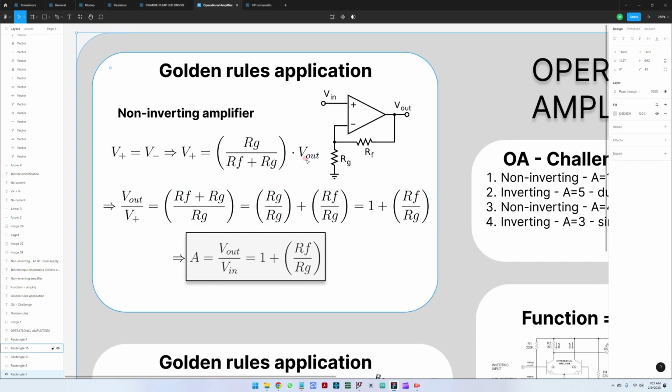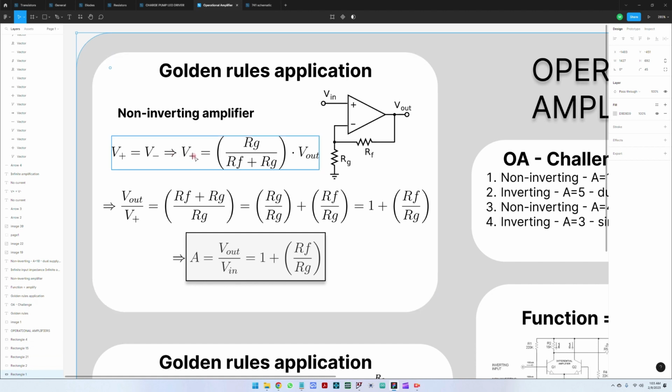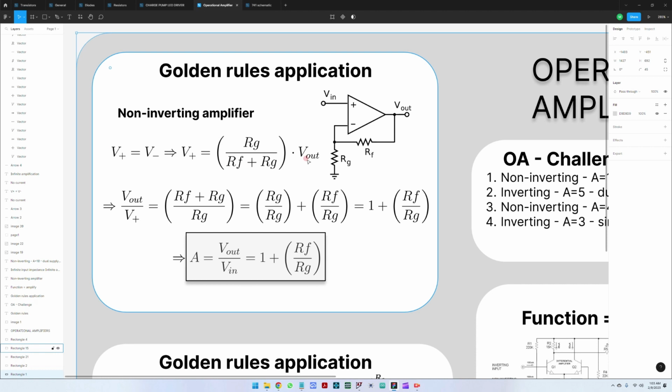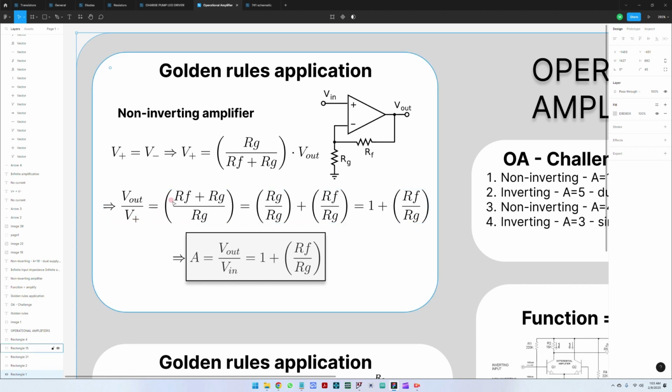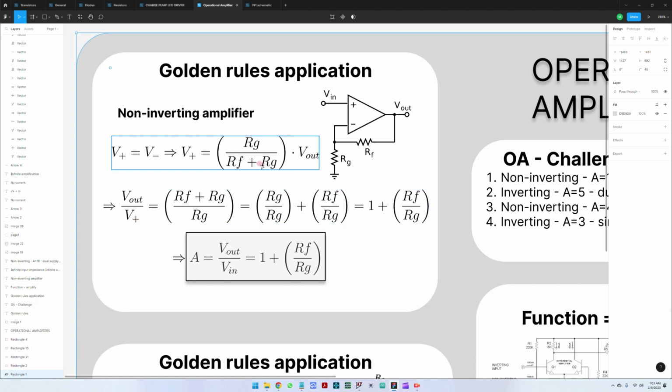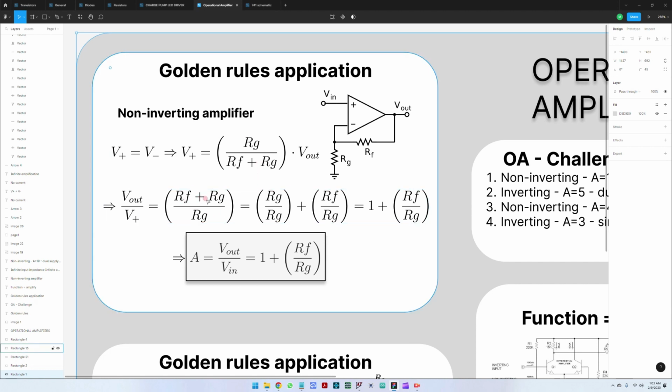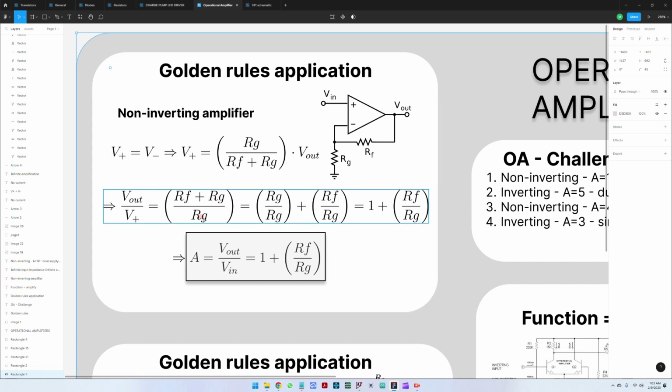Going forward, we are just moving all this here, and the V plus value, the non-inverting voltage level, we're just moving under V out. So V out over V plus, or V input, is the inverse of this fraction here, which is Rf plus Rg divided by Rg.